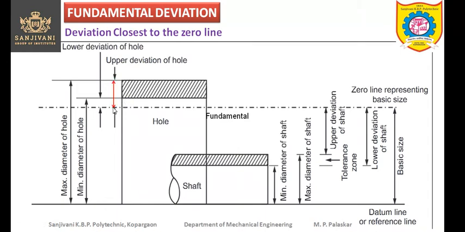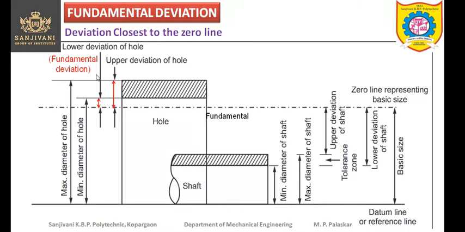This is the upper deviation, the difference between the maximum limit and the basic size. This is the lower deviation for the hole, the difference between the minimum size and the basic size.